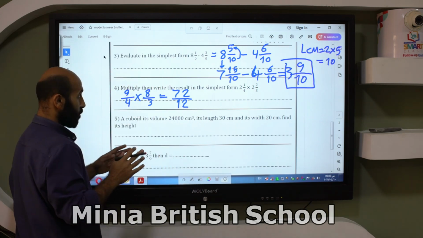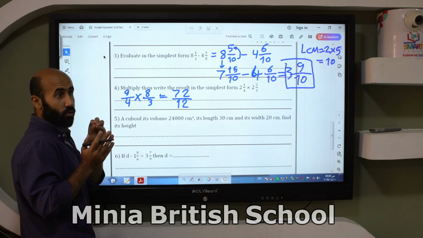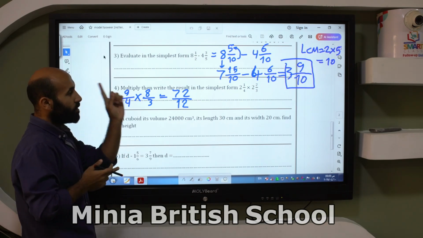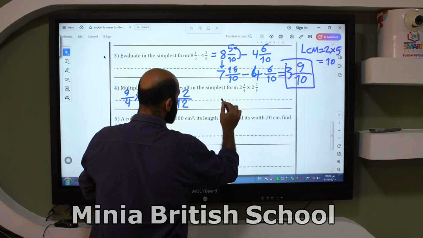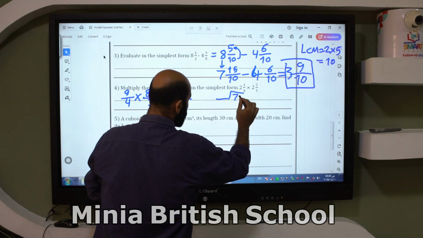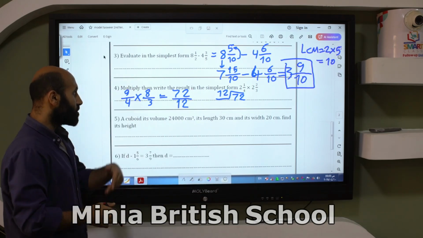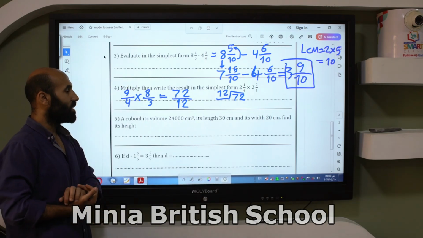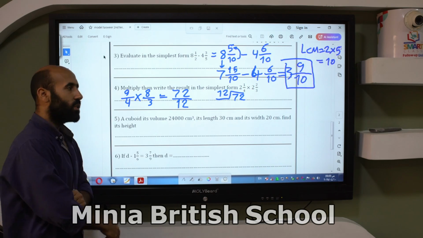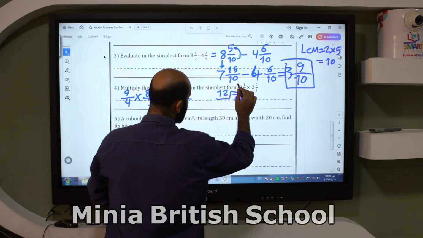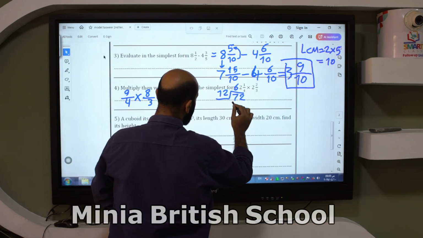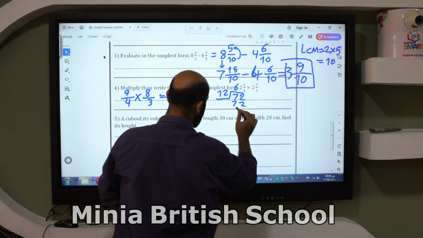This is an improper fraction, so I have to convert it into a mixed number using division. Here is 72, here is 12, and ask yourself, what number times 12 gives me 72 or less than it? I think you all get it right. It will be 6, because 6 times 12 equals 72. 72 minus 72 equals 0.